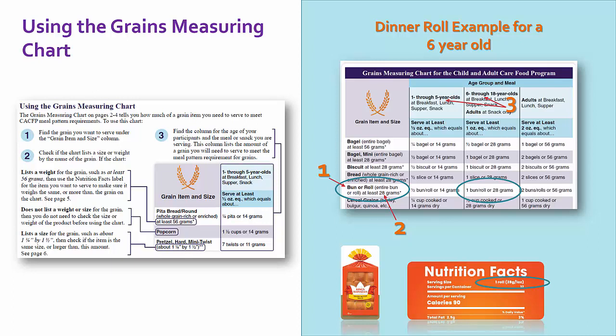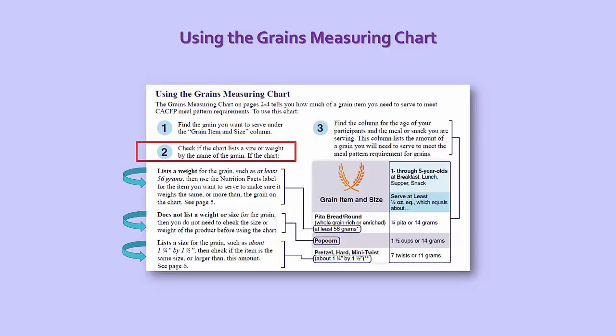So let's go ahead and talk a little bit more about using this chart. So once you locate your item, like I mentioned previously, please make sure that you see if it lists a size or a weight by the name of the grain, okay? So we have 3 scenarios.